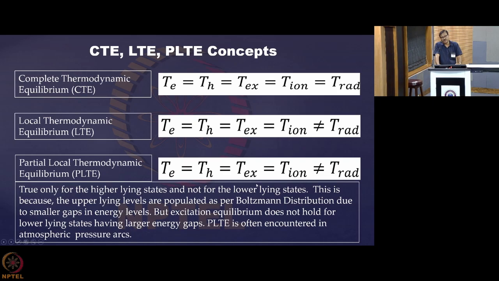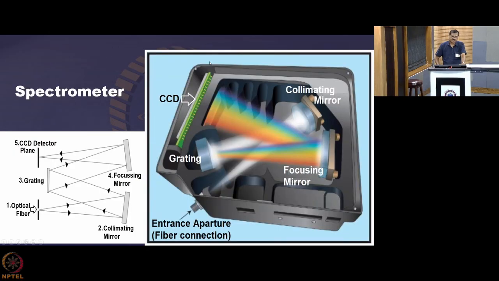So in the situation where some of the levels are not populated as per the Boltzmann distribution, but the rest of the levels are populated according to the Boltzmann distribution, that scenario is referred to as partial local thermodynamic equilibrium. So you get the concept of CTE, LTE, and PLTE in this case.